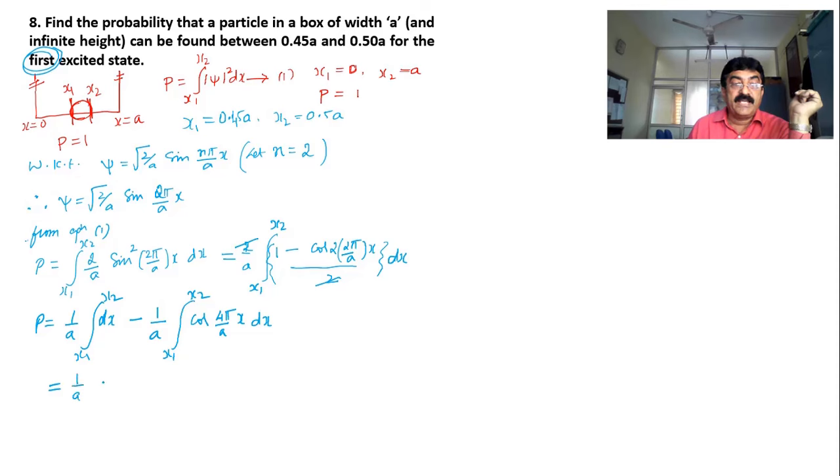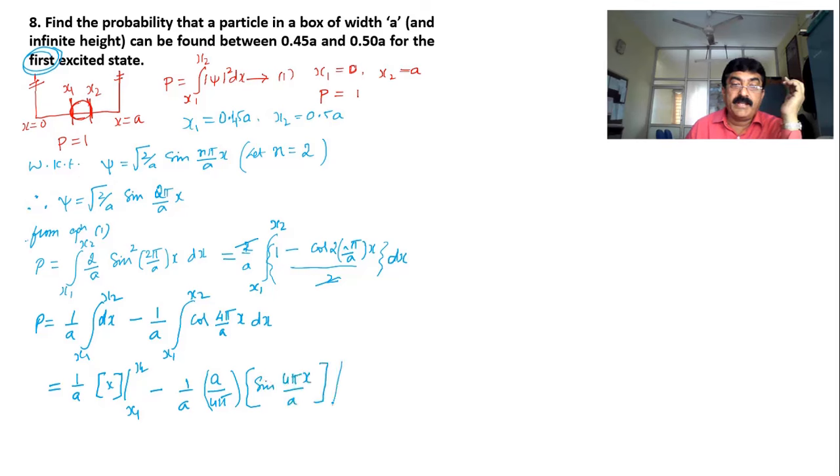So 1 by a, integration of dx is x and the limits are x1 to x2, minus 1 by a, integration of cos is sine, so it is a by 4 pi into sine of 4 pi x by a between the limits x1 and x2.